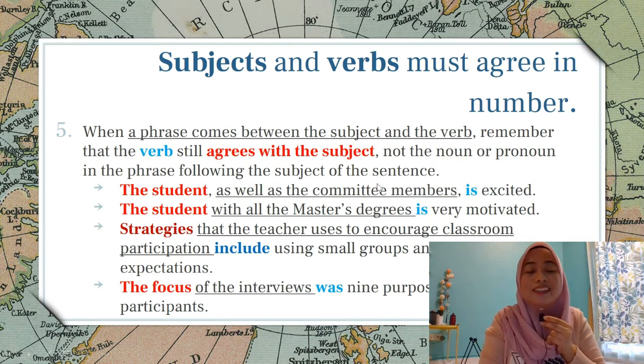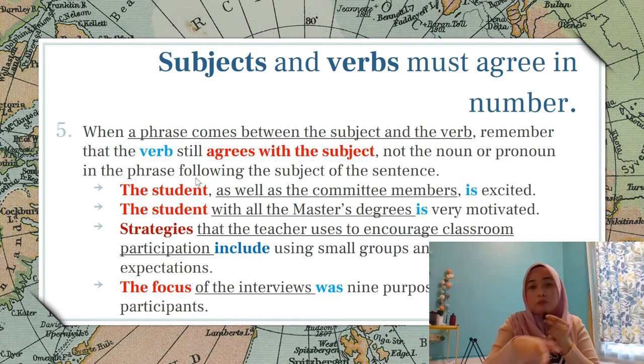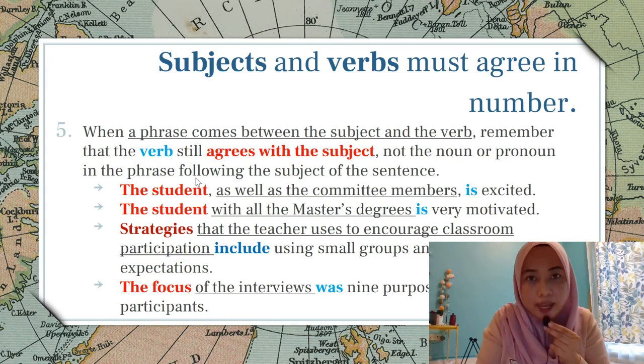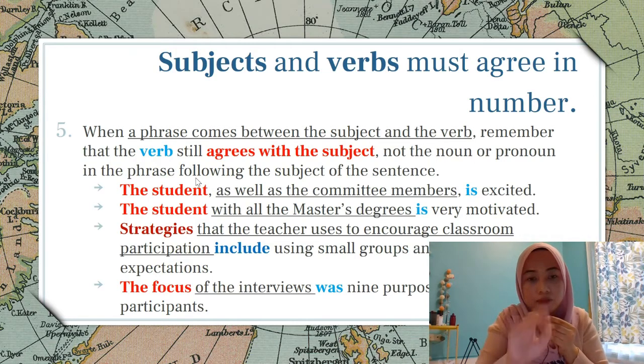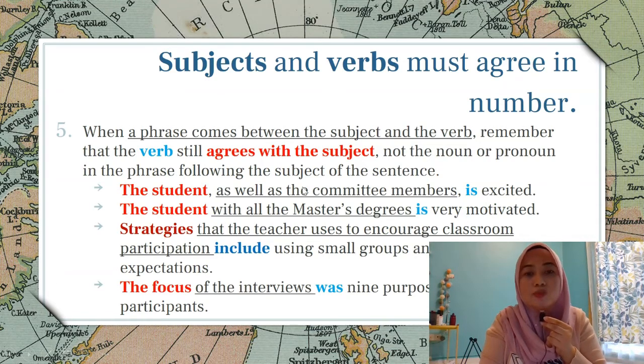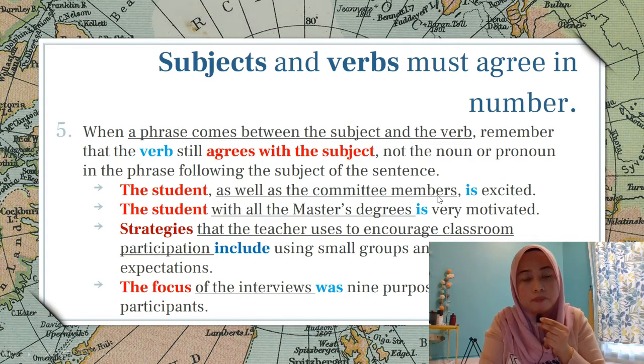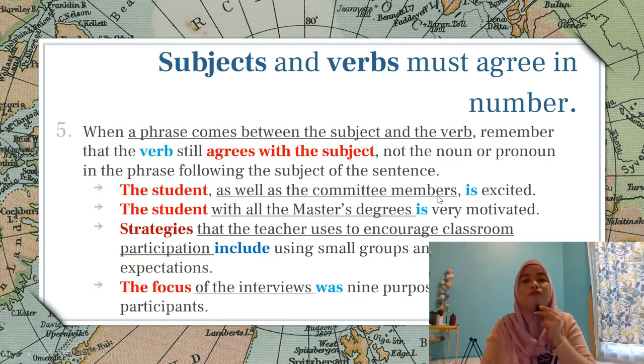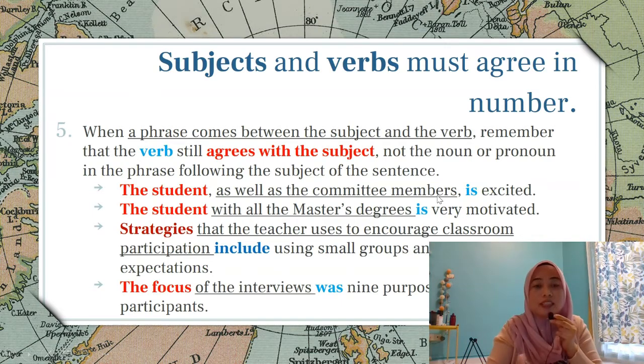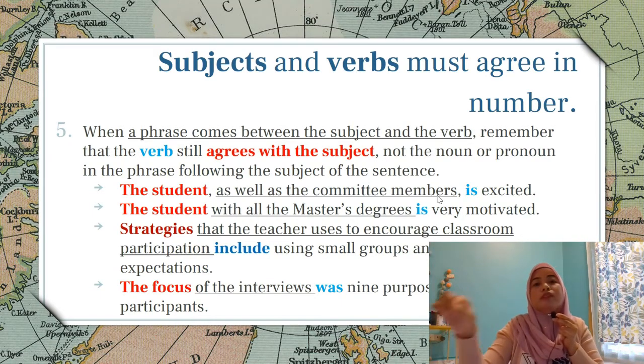So anything that comes before it is perhaps the subject. The subject seems to be the students as well as the committee members. Now the problem with this phrase is that the actual subject is actually the students only.